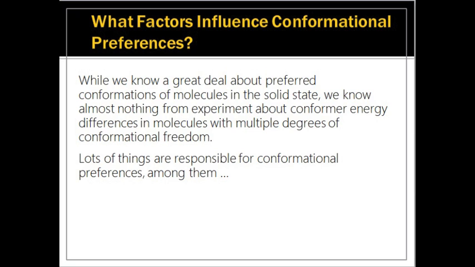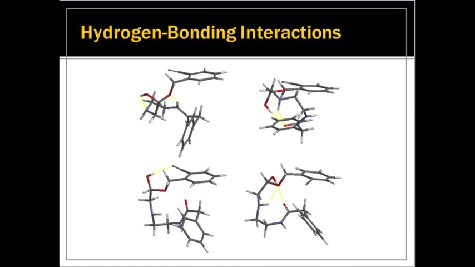There are several others. One is hydrogen bonding. I'm sorry, this slide's hard to see. The yellow lines are hydrogen bonds. There's actually one mistaken line in one of these. But you can see here's a simple molecule, and each one has different hydrogen bonds in it. This one actually has none.